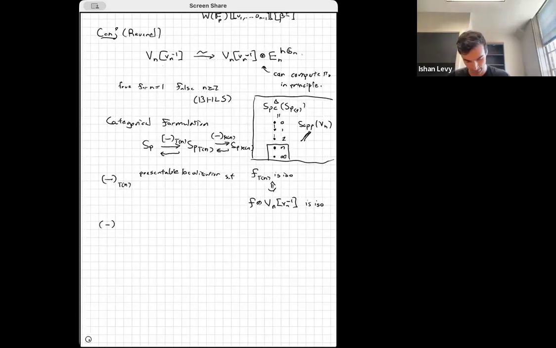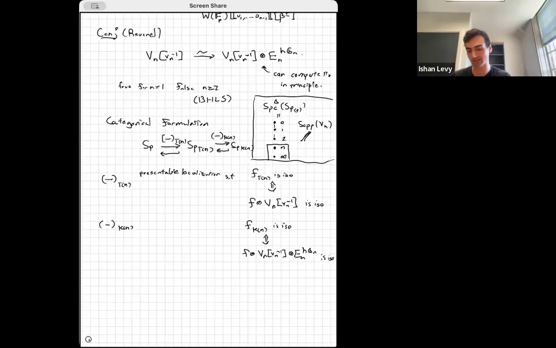It's the presentable localization such that a map is a Kn-local isomorphism if and only if when you tensor with the telescope of a type n complex and also tensor with the fixed points of this Morava E-theory, you get an isomorphism.